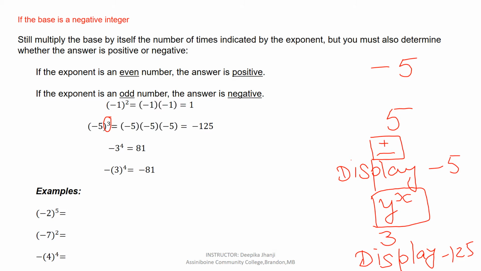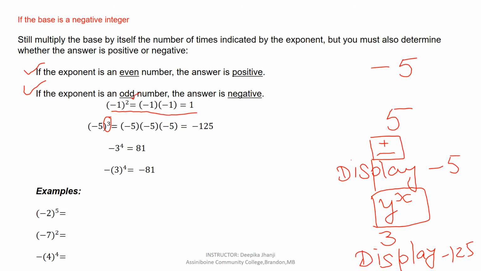If you're calculating it manually, we have two cases. If the exponent is an even number, the answer is positive. What does it mean? Let's consider this example. We have -1 with exponent 2, which is an even number.